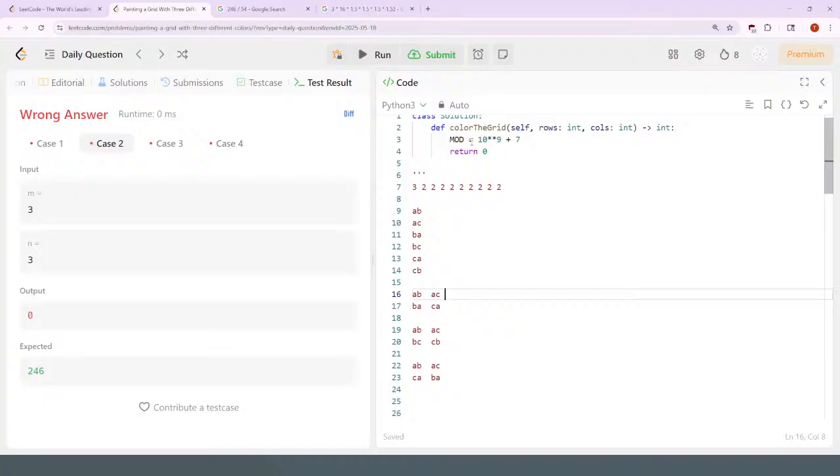Okay, so that's another set. Those are all starting with A's.